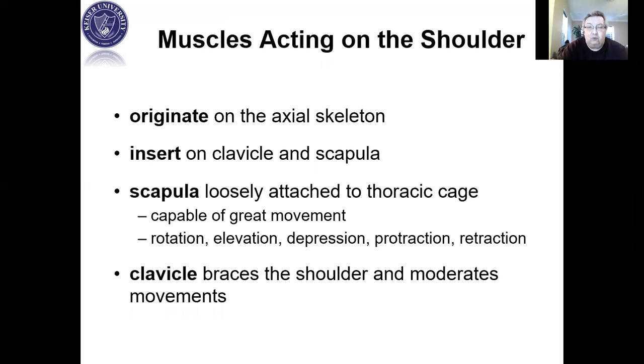It's considered a false joint, but it allows for an awful lot of movement. Think of your shoulder. You can move it in all kinds of directions. And that's a ball and socket joint. But so is the joint at the hip.